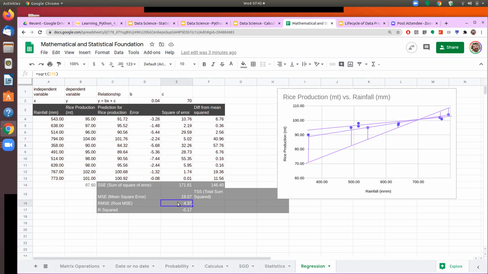Okay. So now let's see what happens. Now we have a measure of computing how good or bad, or at least we can compare the two different estimations. So with 0.04 and 70 as the values for B and C, we are getting an RMSE of 4.37. Suppose I make it 0.2.